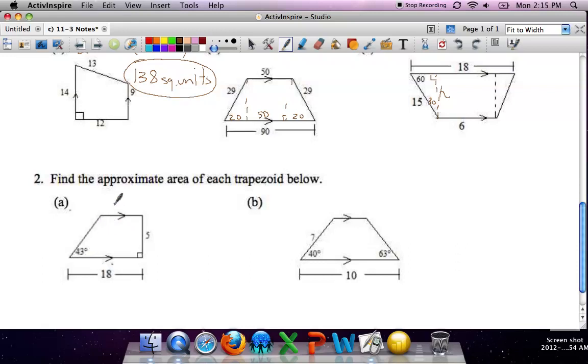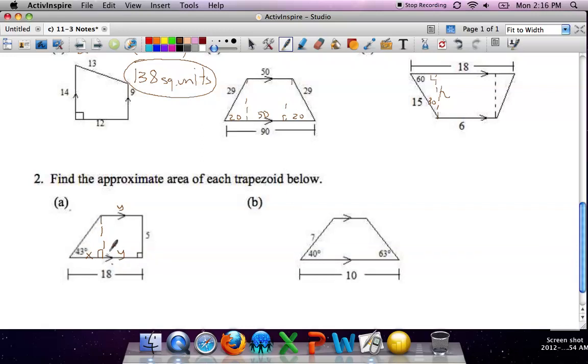So for this one, we're missing this length up here. If we could figure out this length here, call this X, we could figure out what this leftover is, and that would also be what Y would be up here. Does that make sense? How would you find out what X is?